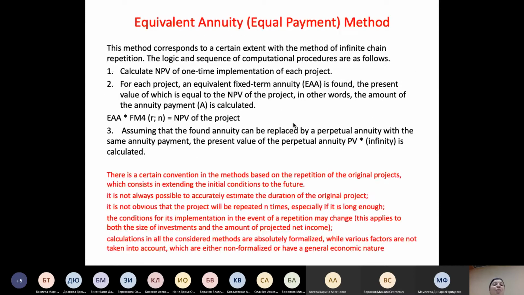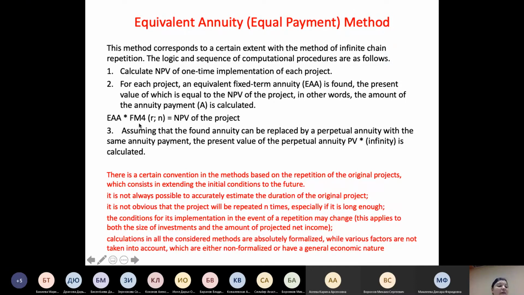Then, for each project, an equivalent fixed-term annuity is found, the present value of which is equal to the net present value of the project. In other words, the amount of the annuity payment is calculated. It's a very long sentence, but on the second step, we have to find the equivalent annuity, the present value of which equals the net present value of our project.